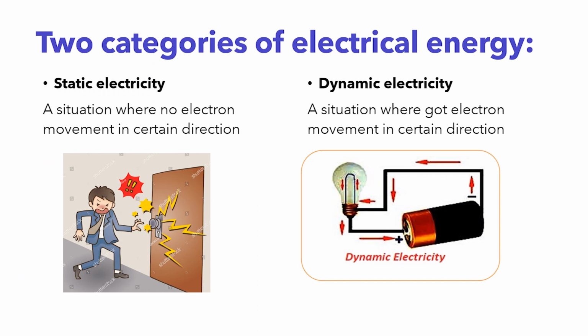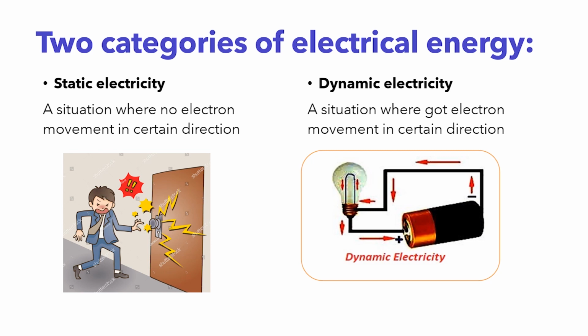Okay, next we look into 2 categories of electrical energy. There are static electricity and dynamic electricity. What is static electricity? A situation where there is no electron movement in a certain direction. For example, when we try to open a door and then suddenly we feel some sort of charge running between our hand and the doorknob.